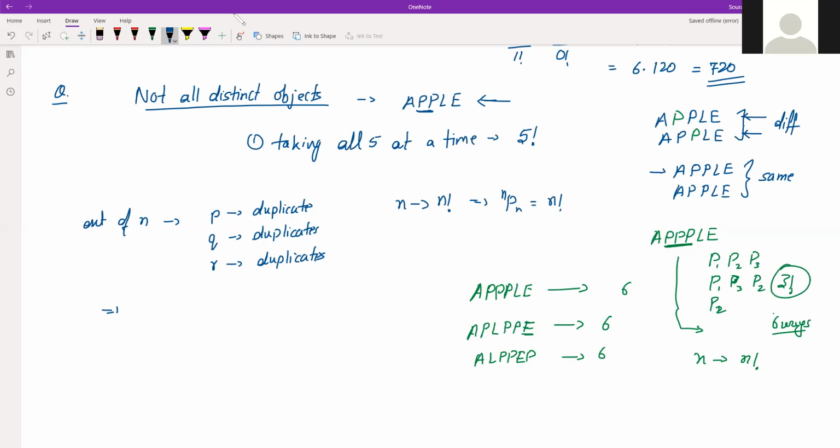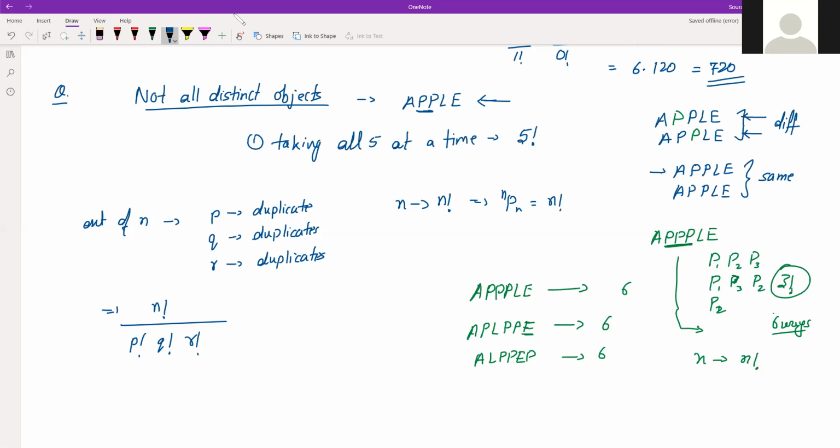But if it is like this, you find the total divided by p factorial, divided by q factorial, divided by r factorial. These p, q, r are the number of occurrences of the identical elements or objects.